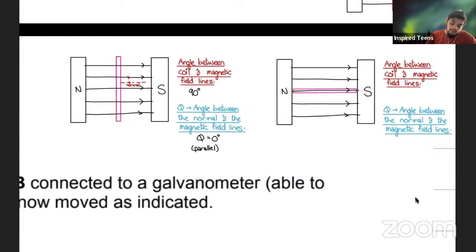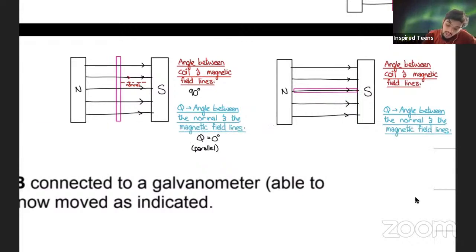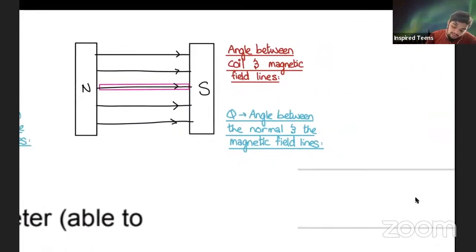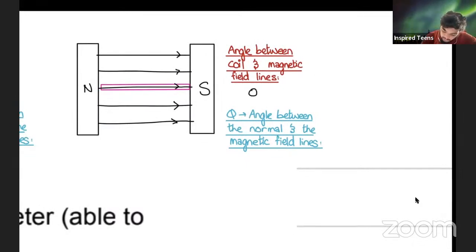Minimum might not always be 0. Maybe if it's placed there, then yes, it would be 0, but it might not always be 0. But the point is that clearly that's minimum. So that's what we need to note in this case. However, note that the angle between the coil and the magnetic field lines is equal to 0 degrees because the coil and the magnetic field lines are parallel.